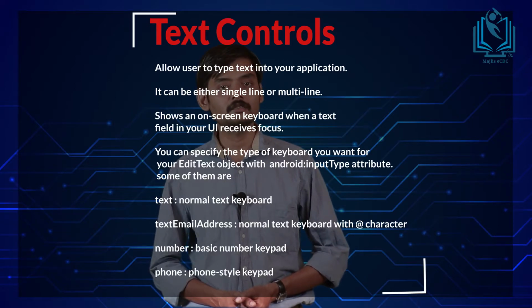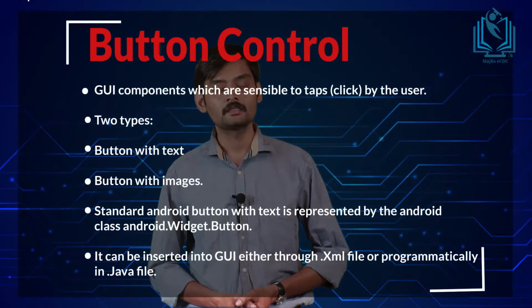For example, a login page: you can see username and password as labels and text fields as edit text. And in the button we can use some actions. Action means to do something, for example submit or done.